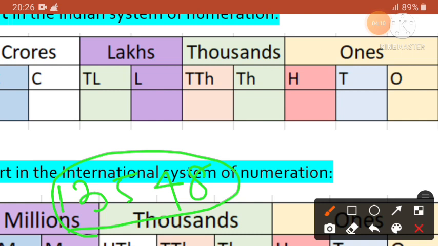If we want to place this number into this chart, we have to start from this end.